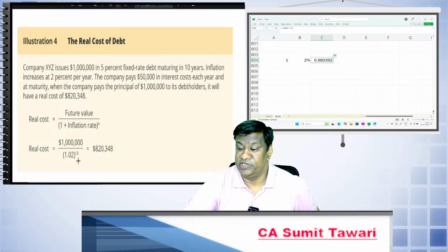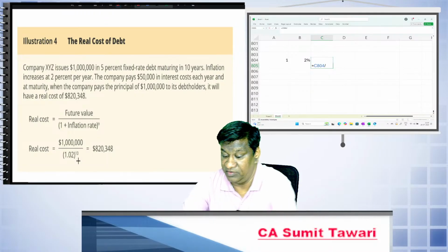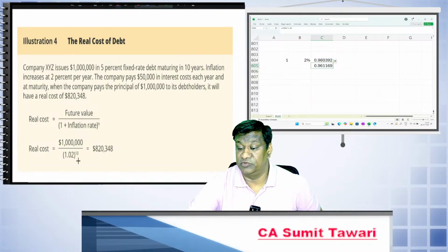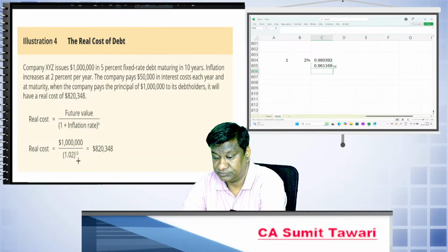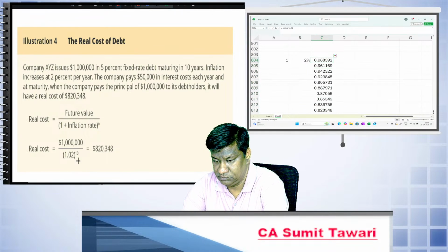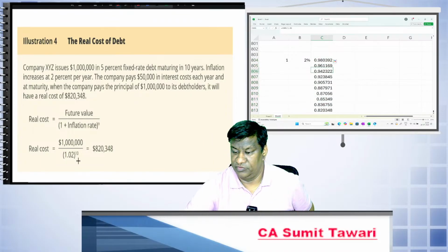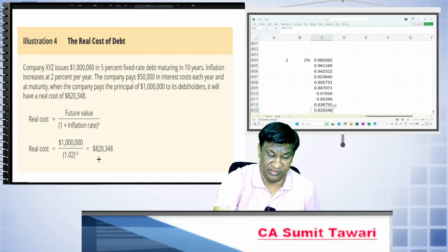Okay, so it is 0.98. After 2 years, this is divided by 1.02 again, so it is always decreasing on a year to year basis. If I consider 10 years, you can see it is 0.820348, which matches with here.